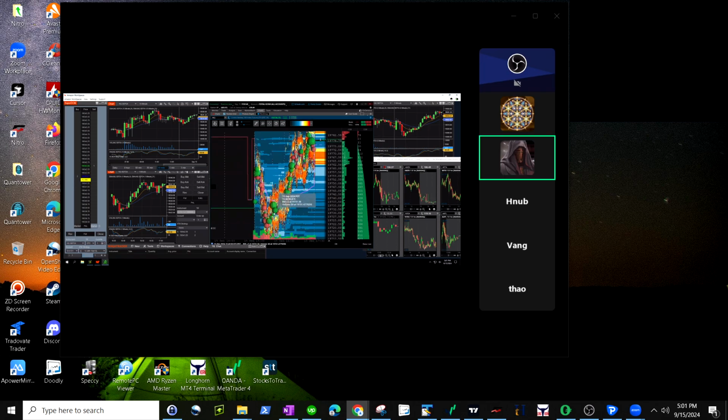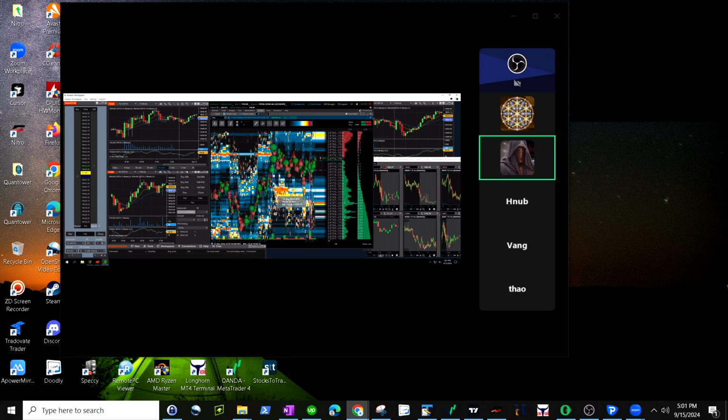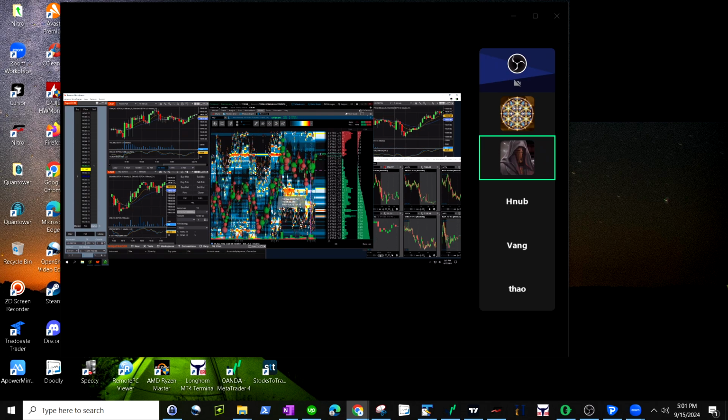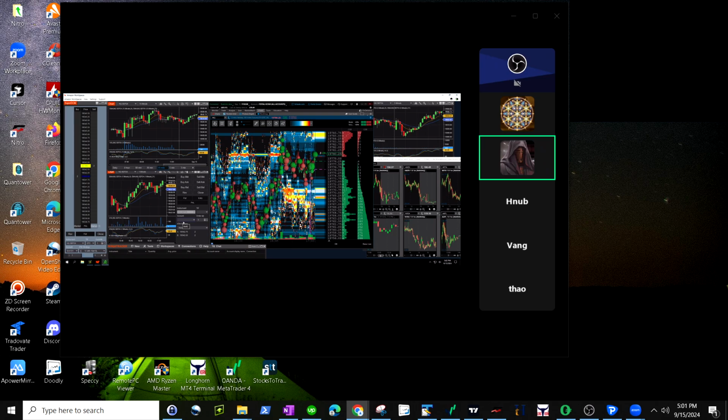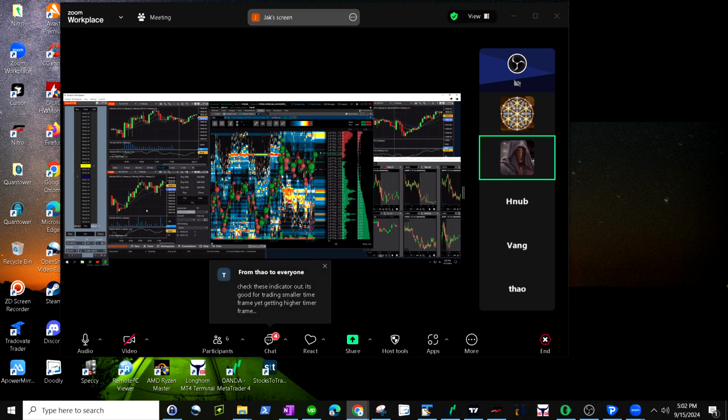And I think my setup is even simpler than Jack's. No DOM, no Bookmap. I stopped using Bookmap because many times I open it up but hardly look at it unless it's getting to support and resistance, and I often forget to look at it anyway.